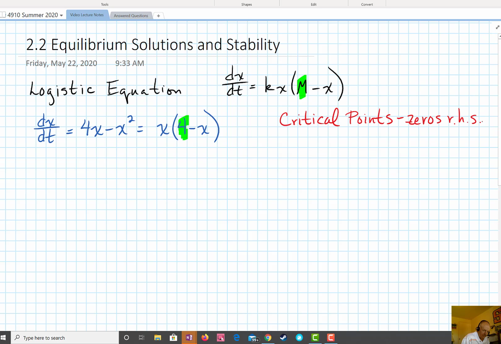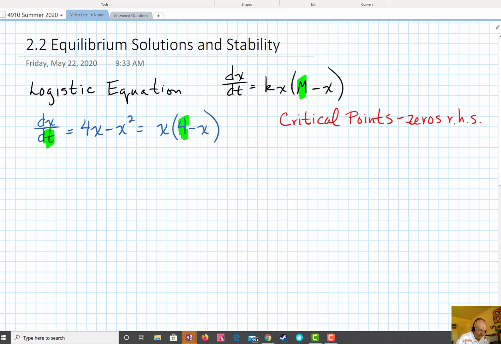Now this particular equation, these logistic equations, are what we call autonomous. I don't know if we've used that term in here before. Autonomous. If we look at this, x is the function that we're after, the function that we would like to find as a solution. T is the independent variable.